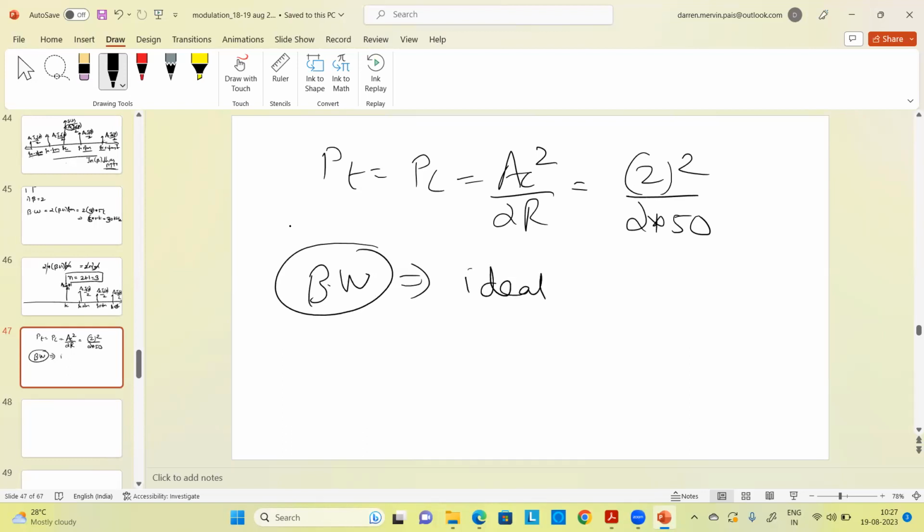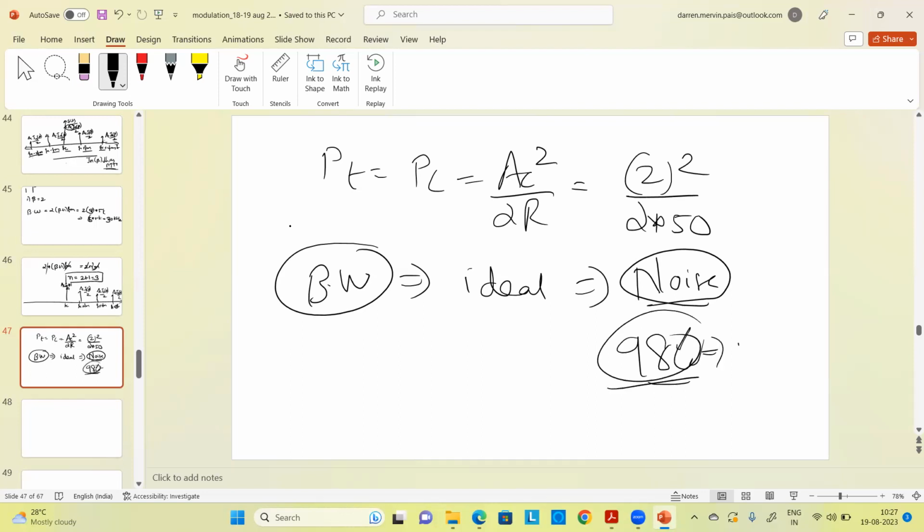Communication is one of the most affected by noise. Noise can really distort your entire communication channel. So 98% is considered taking into effect the practical conditions.